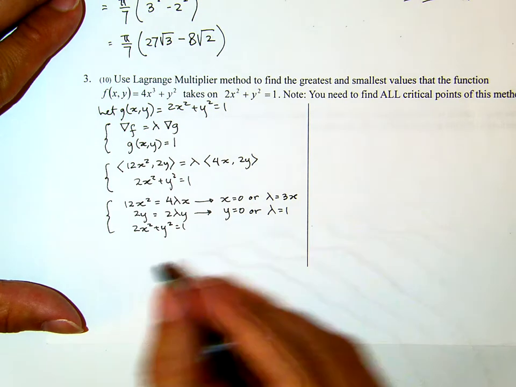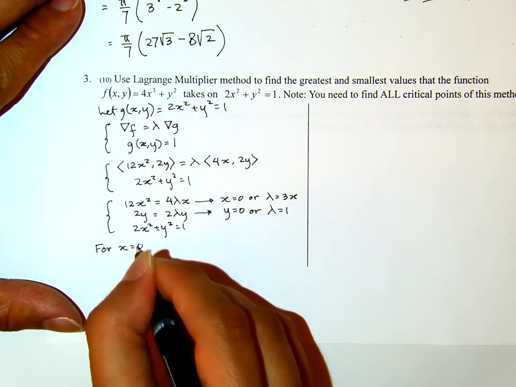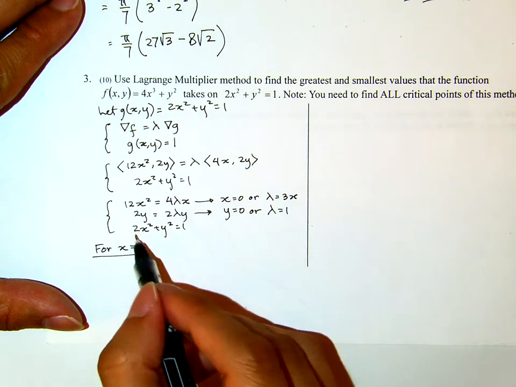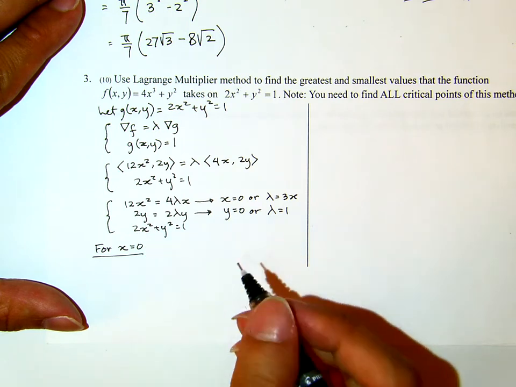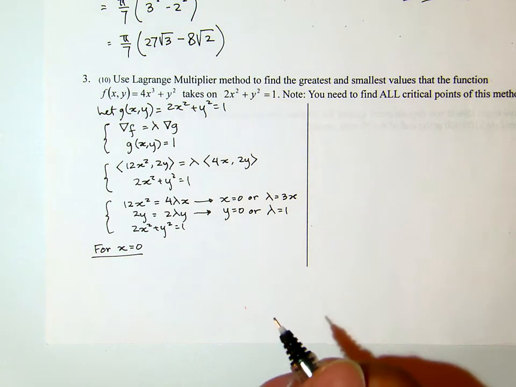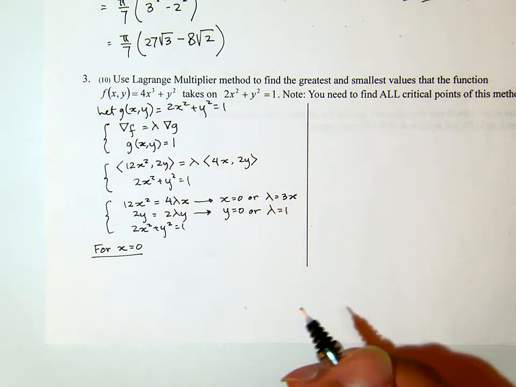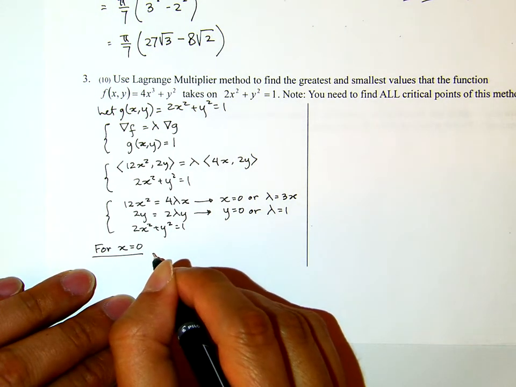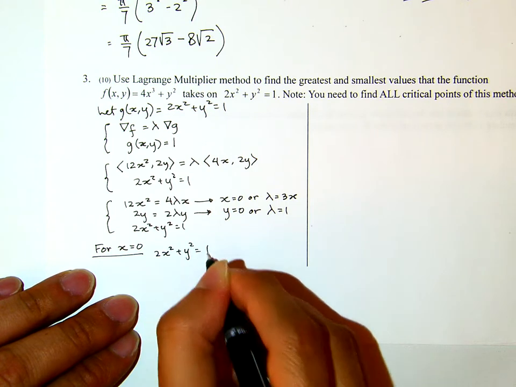Now let's see. If x equals 0, I hope you can see right away that y cannot be 0 because of the third requirement. So I will plug it into 2x squared plus y squared equals 1.